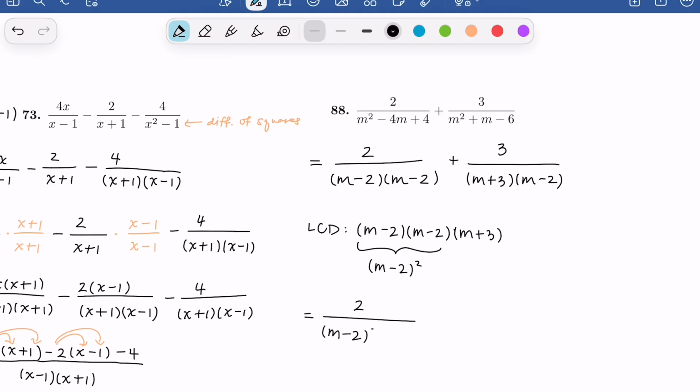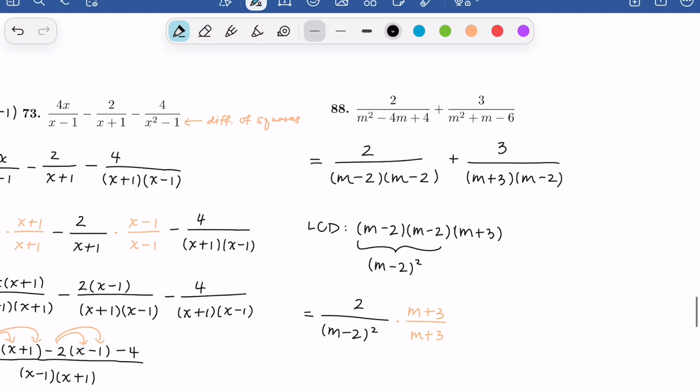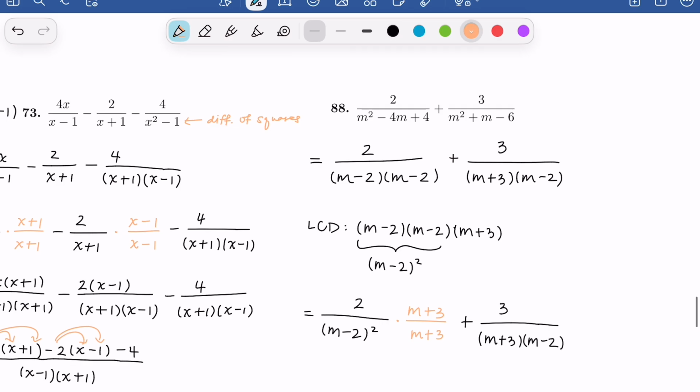m minus 2 squared here. And we need to multiply this by m plus 3 to get that LCD. And whatever we do to the numerator, we have to do to the denominator. Now looking at the second expression here, we have 3 over m plus 3 times n minus 2. But again, we need two factors of n minus 2.